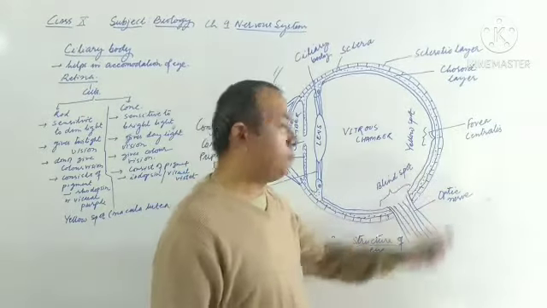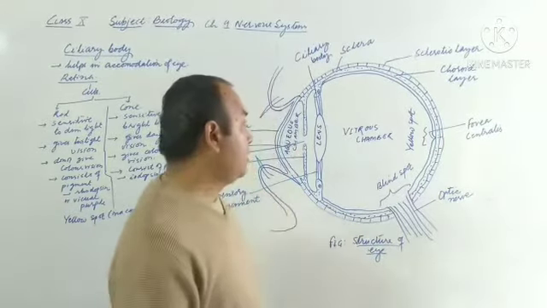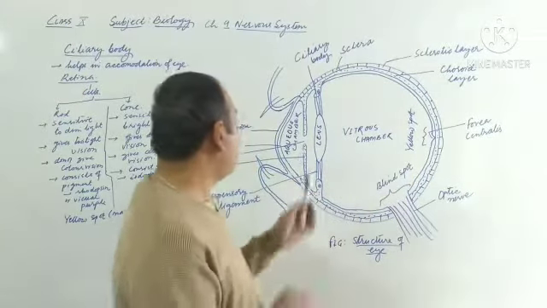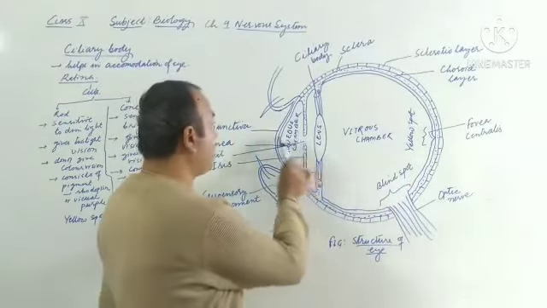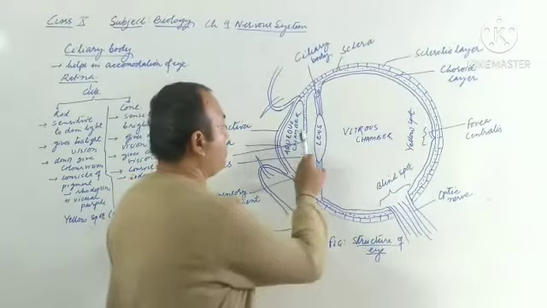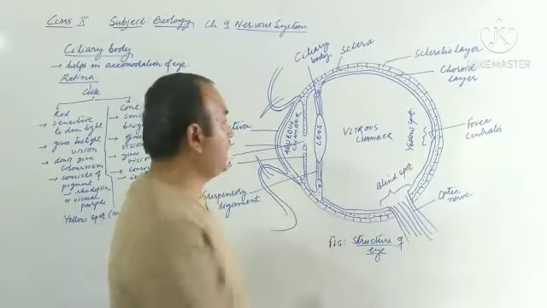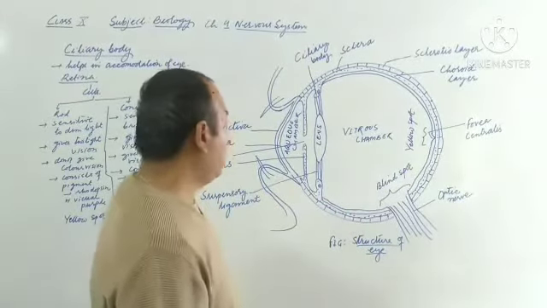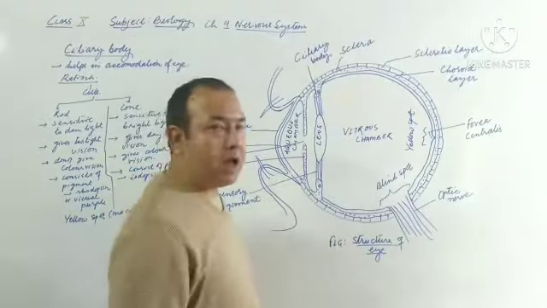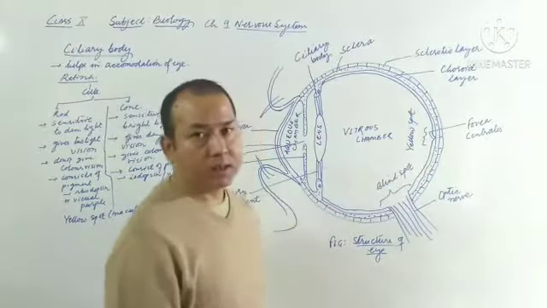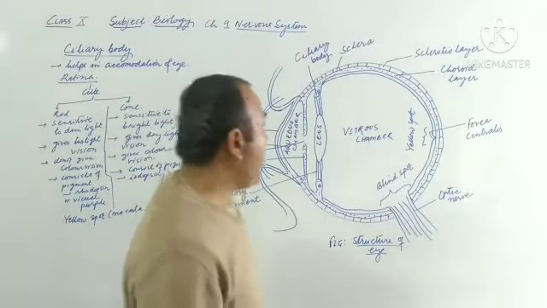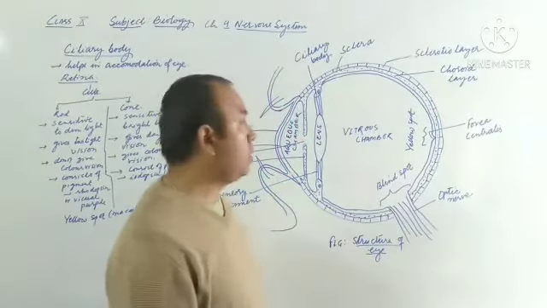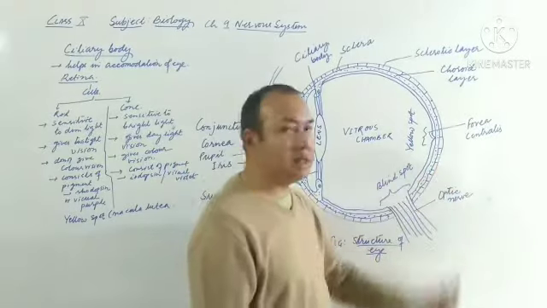It is the region of the retina which lies exactly opposite to the center of the cornea, or opposite to the pupil, along the same horizontal line. Whatever light enters the eye finally meets at this point. There is a small depression in the middle of this yellow spot, which we call fovea centralis.